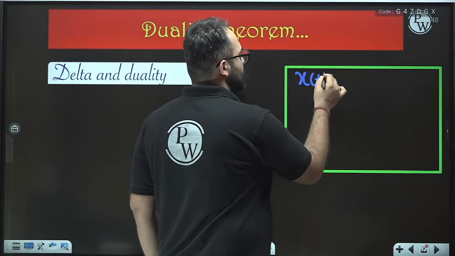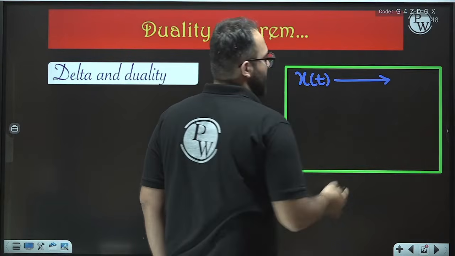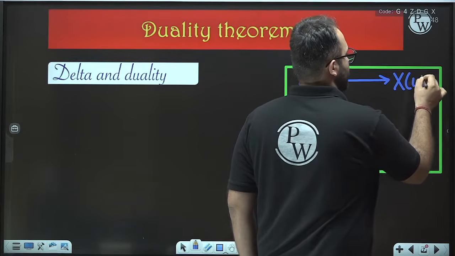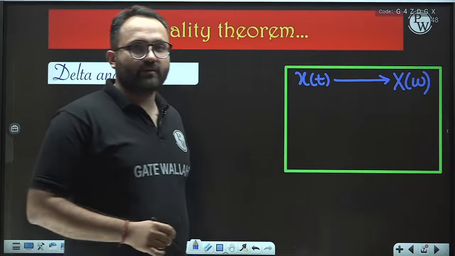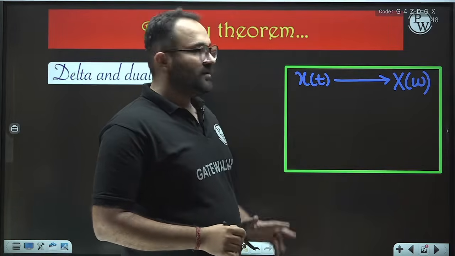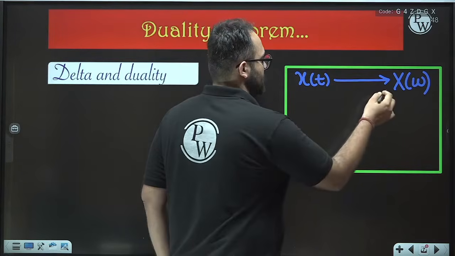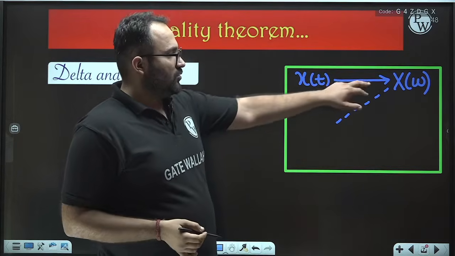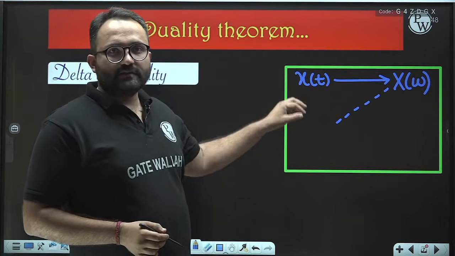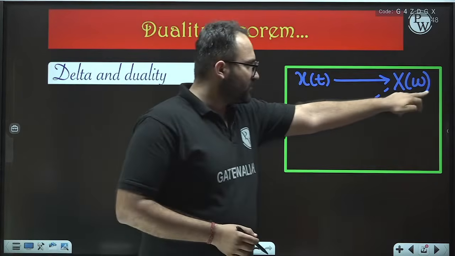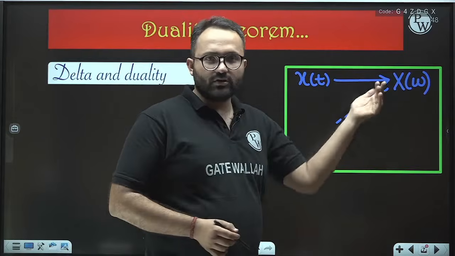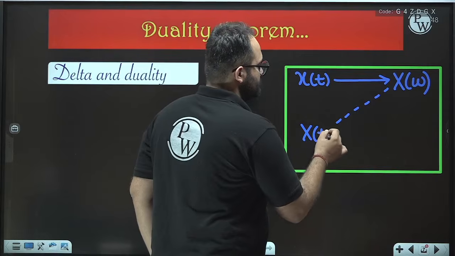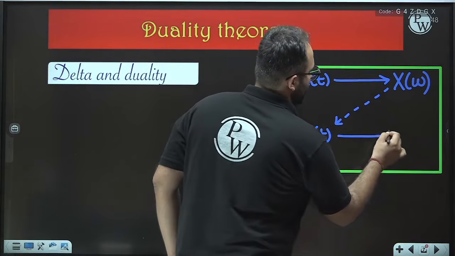If x(t) is any signal and x(t) has Fourier transform X(omega), then duality says that if we replace omega by t in this expression of the Fourier transform, we will get a new time domain signal.